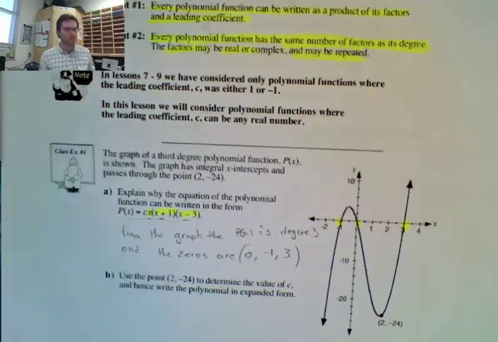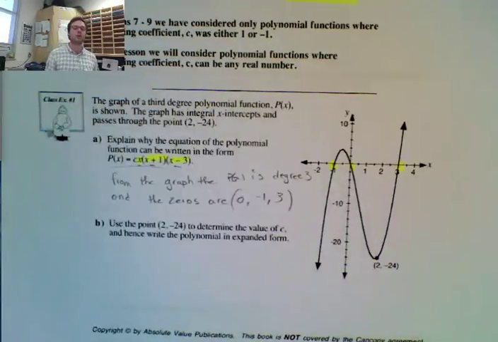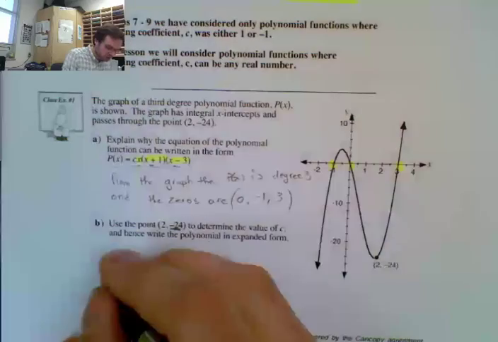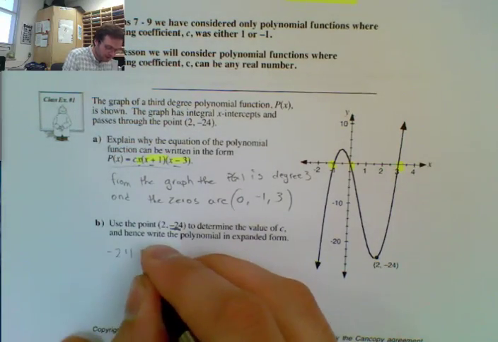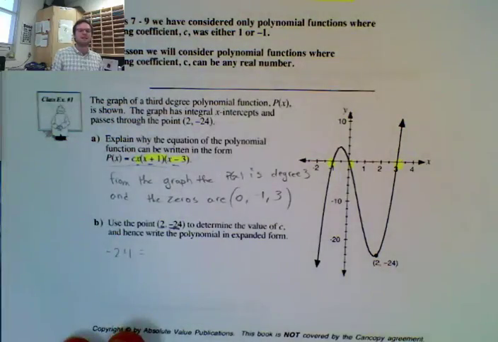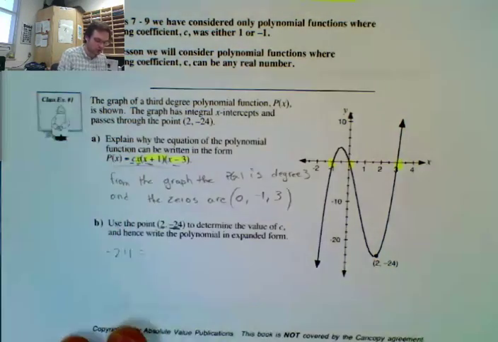Okay? So now it says use the point 2, -24 to determine the value of c. So really, this here is my p of x, or my y value. So I'm going to put -24 is equal to c, and this here is going to be my x value. So I'm going to put in 2 for all my x's.